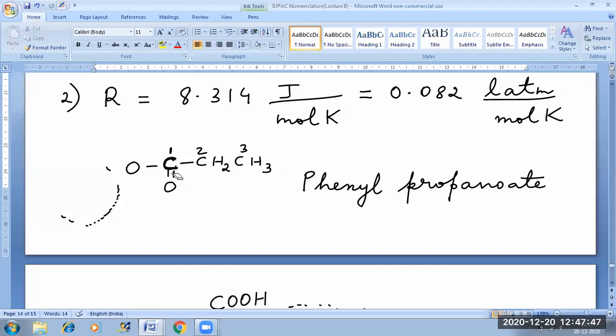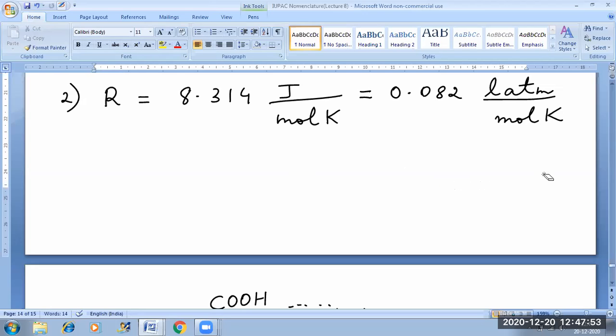One more example. What about this one? What is the principal functional group in this compound?